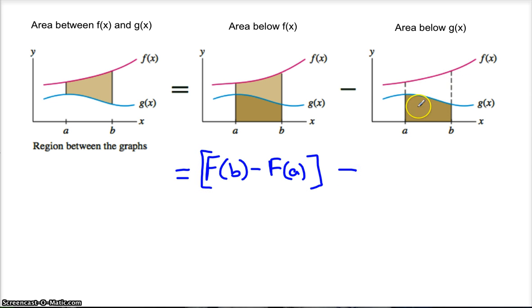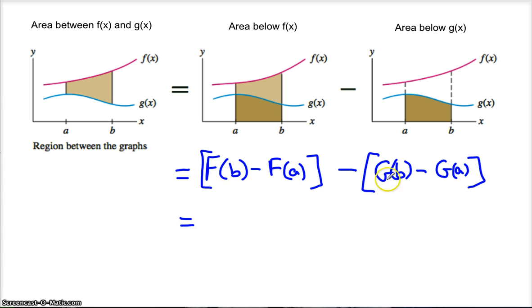Subtract, now the area below g of x, from a to b, would be G of b minus G of a. And I use uppercase letters for the antiderivative. So it's double the calculations, but I'm going to show you something.